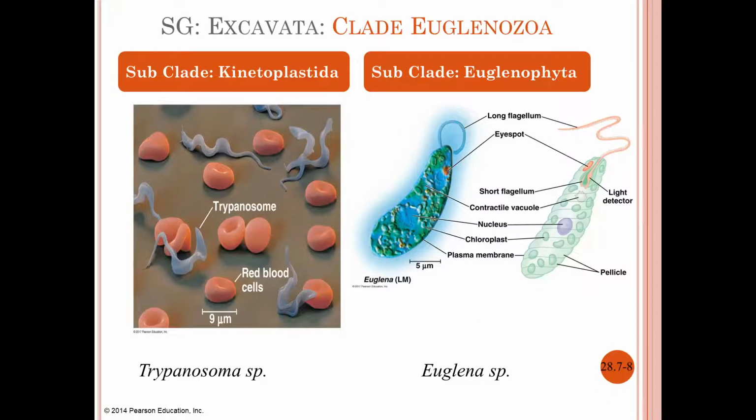Okay, so let's go ahead and look at the first subclade then, called Kinetoplastida. And the representative organism that you'll be looking at in the lab is called Trypanosoma. And Trypanosoma is this organism here.